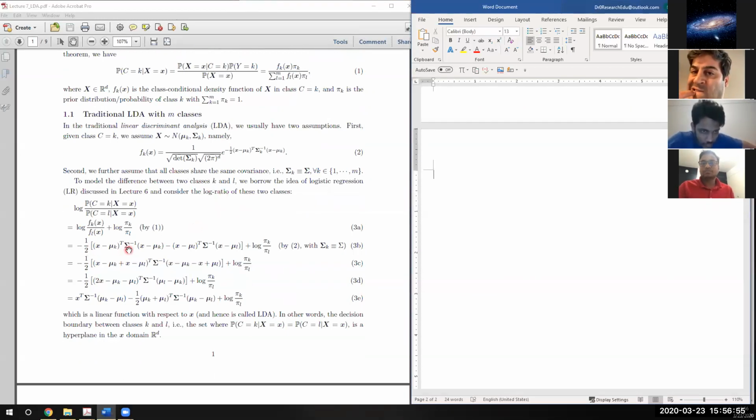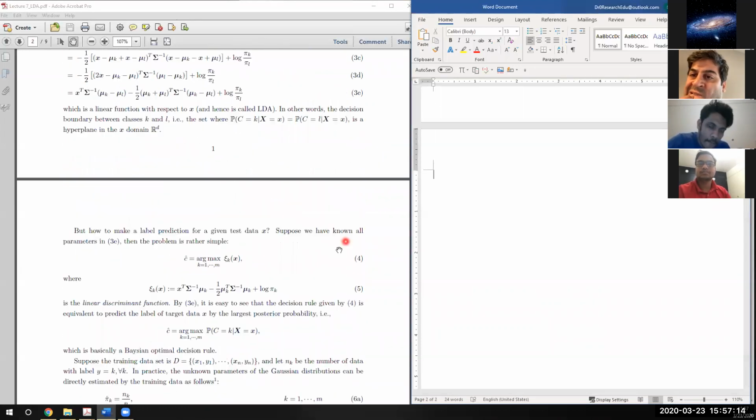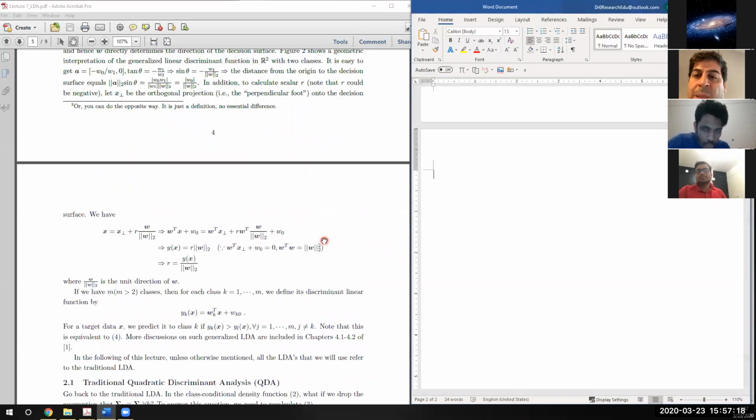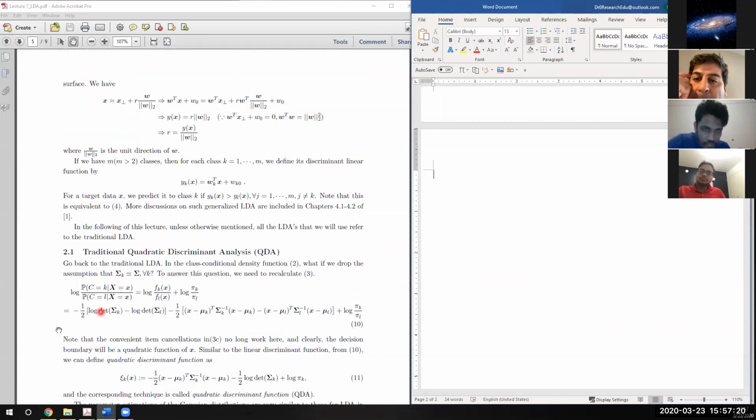Have a look here. Here, you no longer have this equation. Why? Because I have a sigma K here, and I have a sigma L here. You know what I mean? So I cannot combine using this. Instead, I have to brutally calculate it, which is here.